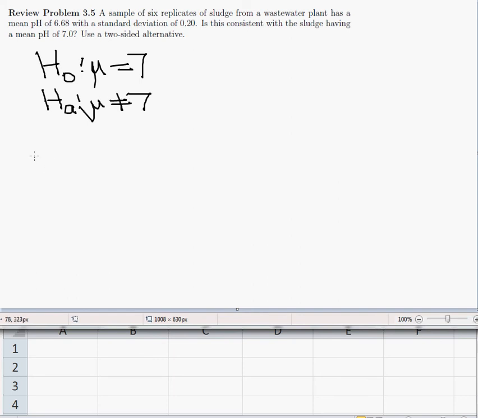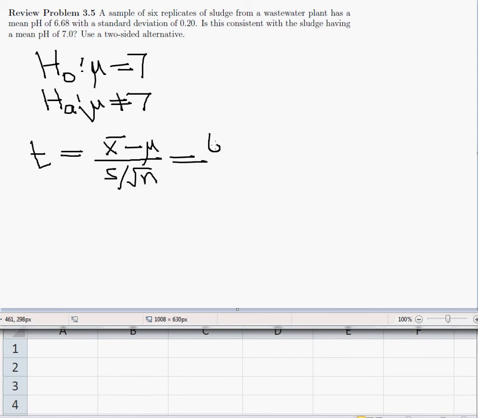Okay, we have a small sample, which means I need to figure out the test statistic t. That'll be the observed average minus the mean divided by the sample standard deviation over the square root of n.